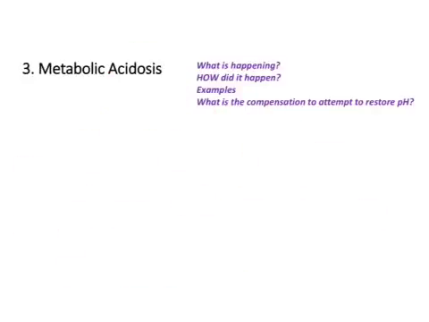For metabolic acidosis, this is now a problem with some metabolic process, but we still know that we have too many hydrogen ions. We don't really equate this the same way to CO2 because it's not the same problem. And what we do is we just have to go right into our example, something we've talked about before: diabetic ketoacidosis.